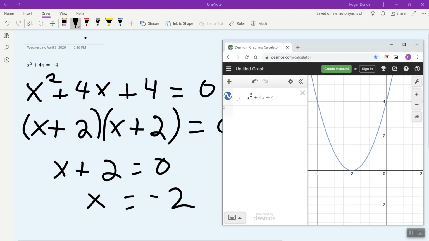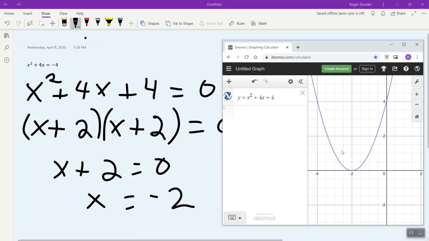Notice since there's only one root, that means the parabola can only cross or touch the x-axis in one point. Now, you know that parabolas are symmetrical. They have two arms going out, if you like, from the vertex. If it's only touching in one point, that means that the vertex itself is on the x-axis, which you can see here.